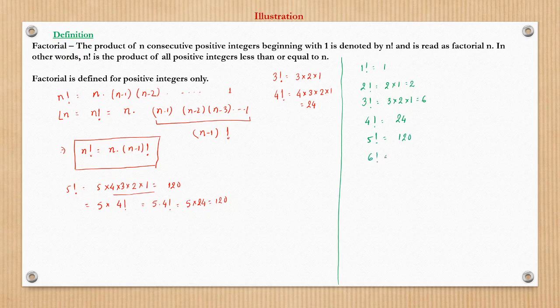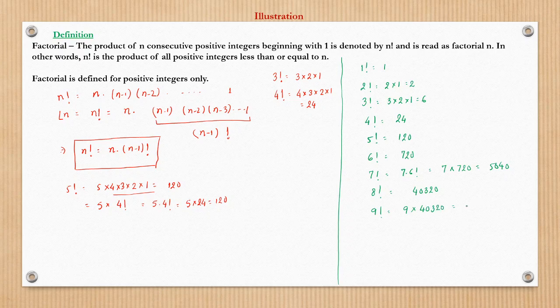Similarly, 6 factorial would be 6 into 120, which is 720. 7 factorial would be 7 into 6 factorial, which is 7 into 720, which is 5040. Similarly, 8 factorial will be 8 into 7 factorial. So 8 into 5040 would be nothing but 40320. 9 factorial would be 9 into 8 factorial, which is 9 into 40320.